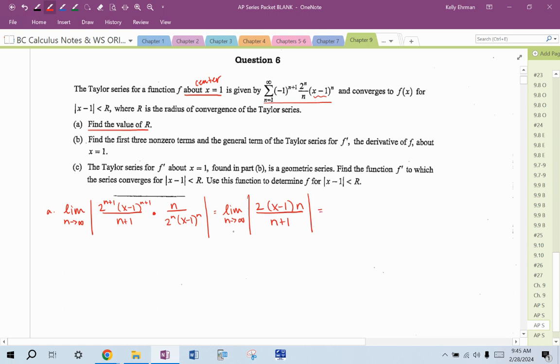So now I can take the limit of this. Remember, you're just putting infinity in for n. So we have a horizontal asymptote here. n over n plus 1 is 1. So we would be left with the absolute value of 2 times x minus 1.